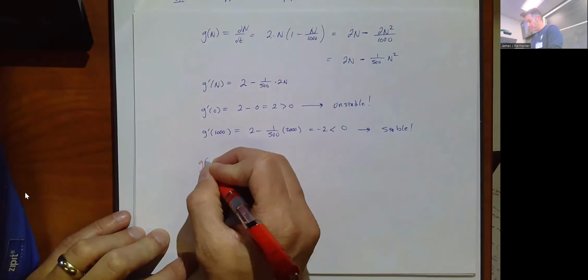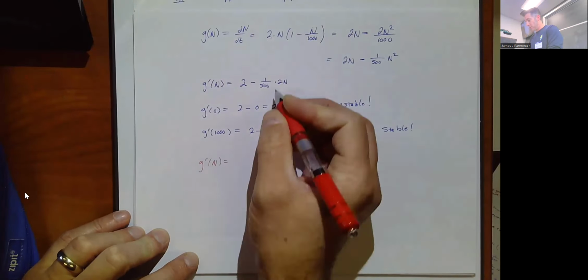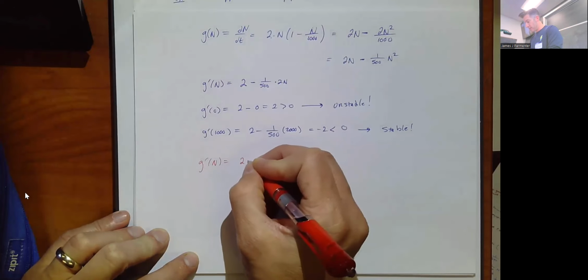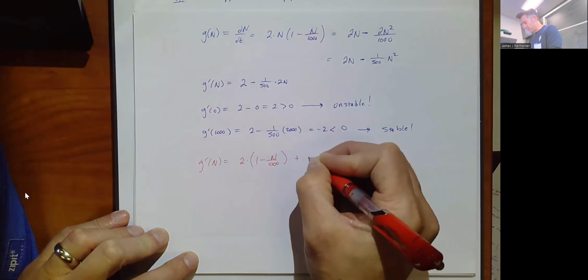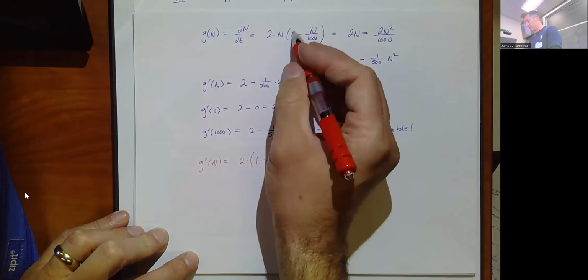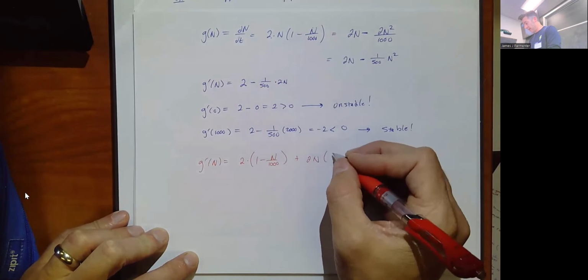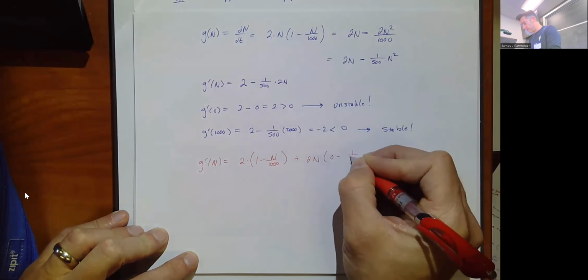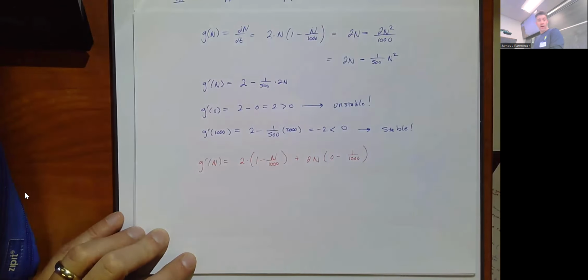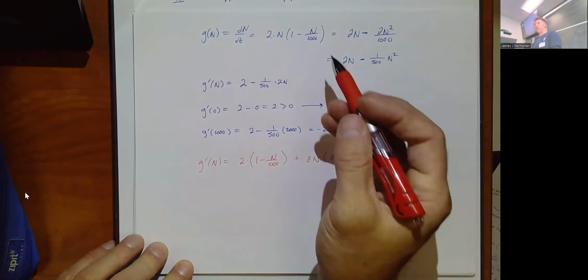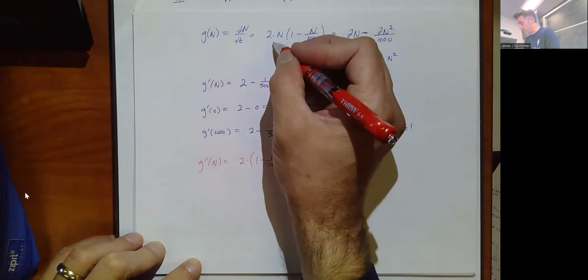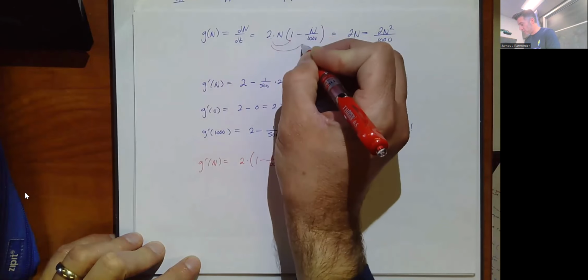I could have said G prime of n is the derivative of 2n times 1 minus n over 1,000, plus 2n times the derivative of this, which is going to be 0 minus 1 over 1,000. I could have taken the derivative that way, but I would prefer to not use the product rule when it's easy to multiply the thing out. So I just distributed the 2n to each of those terms.